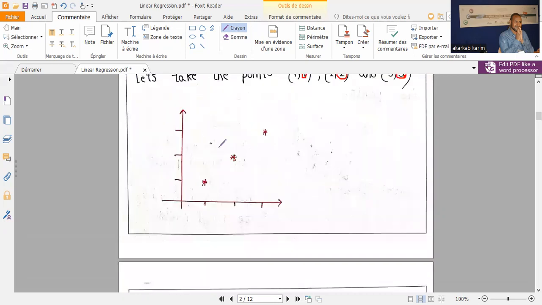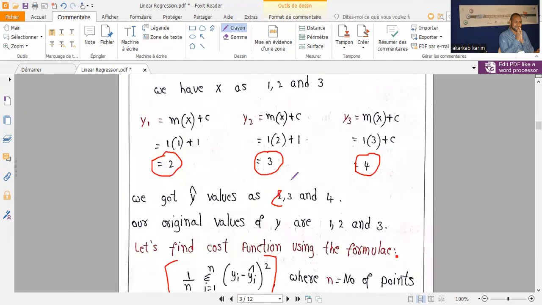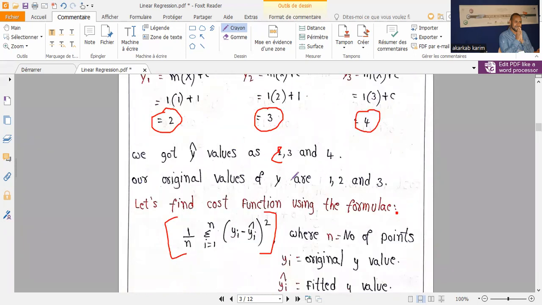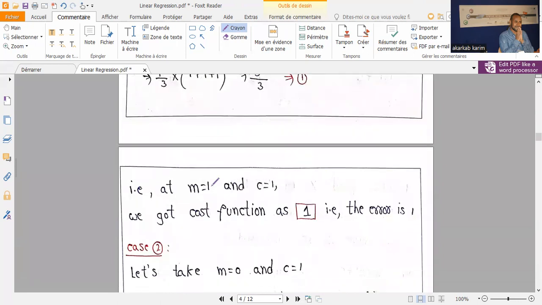So the error of all these predicted points is equal to 1, based on this cost function. So our goal here is to optimize this error. That means we need to find the least error. Well, with these parameters m and c with 1 as a value, we found cost function equal to 1.